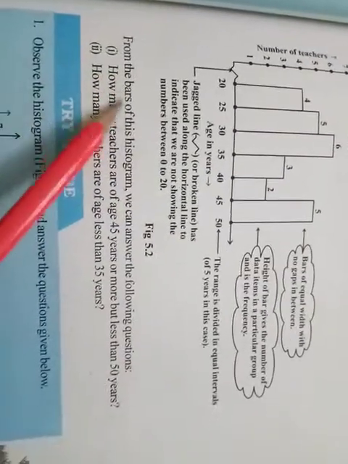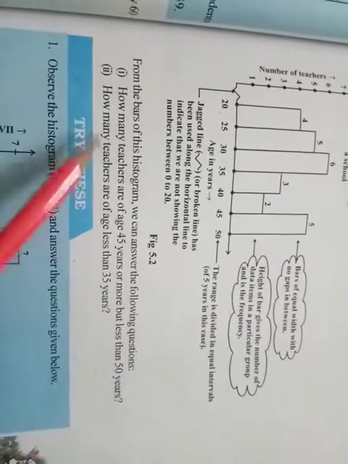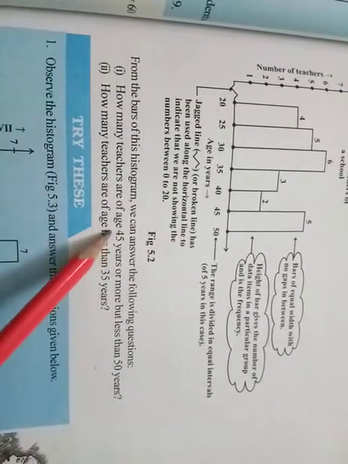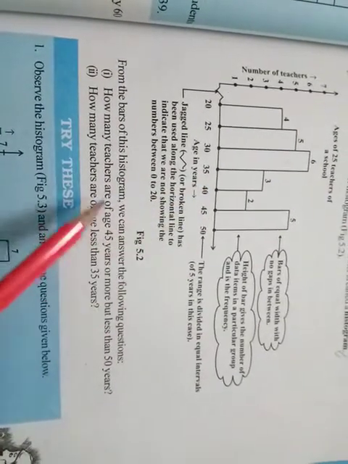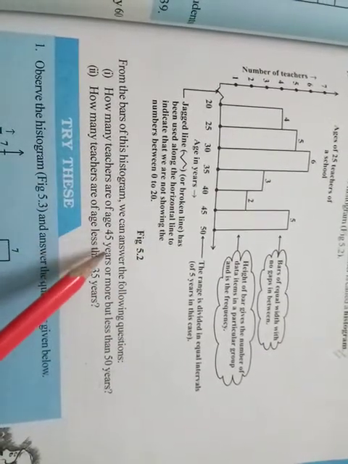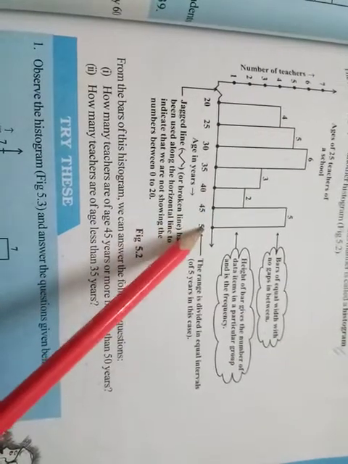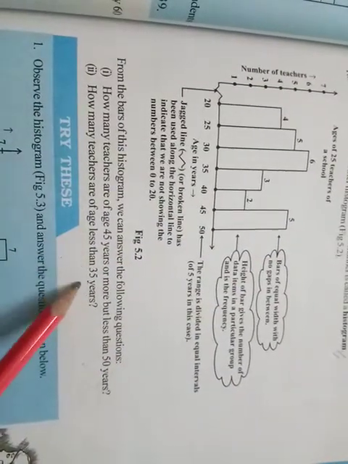From the bars of this histogram we can answer the following questions. How many teachers are of age 45 years or more but less than 50 years? So it is in between 45 and 50, and there are 5 teachers. How many teachers are of age less than 35 years?